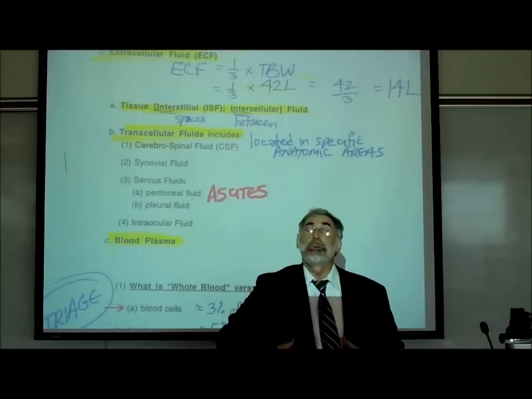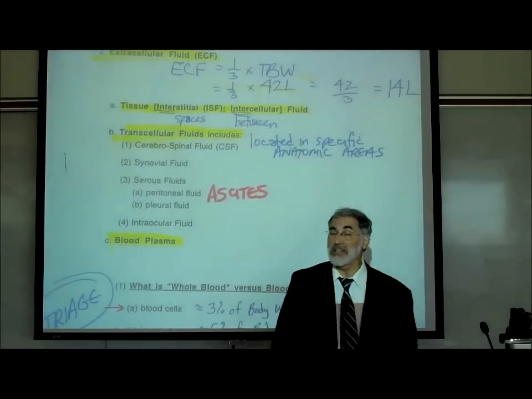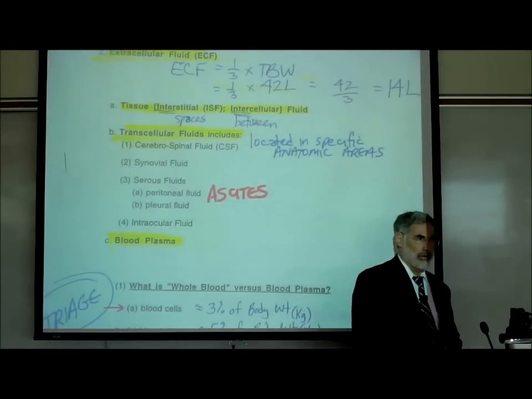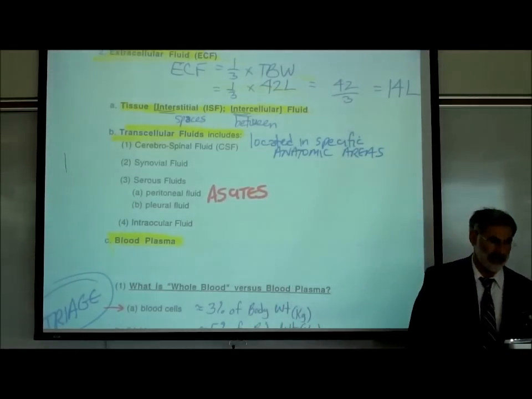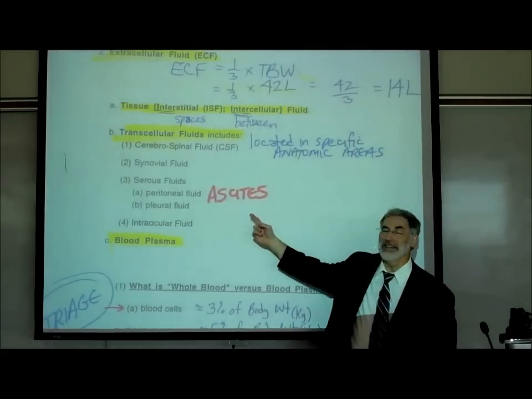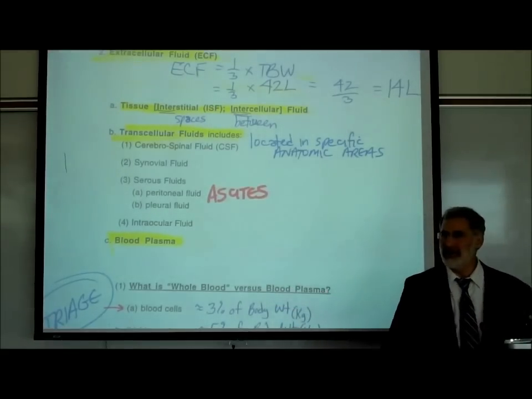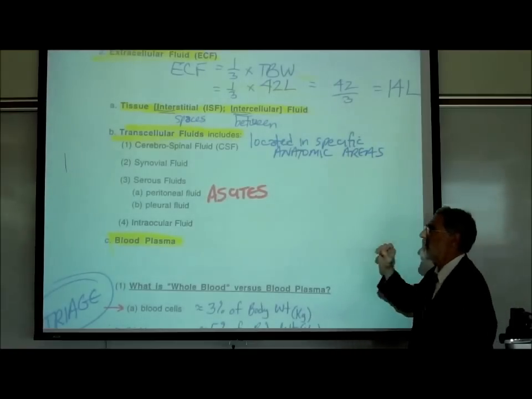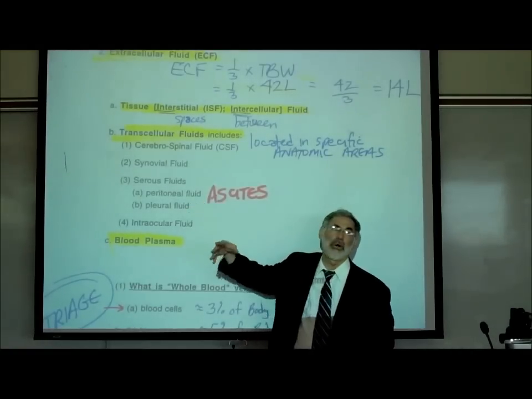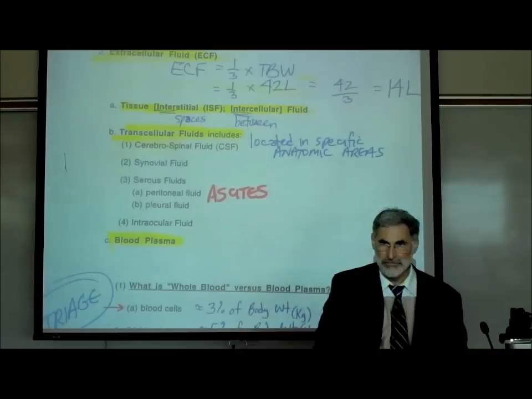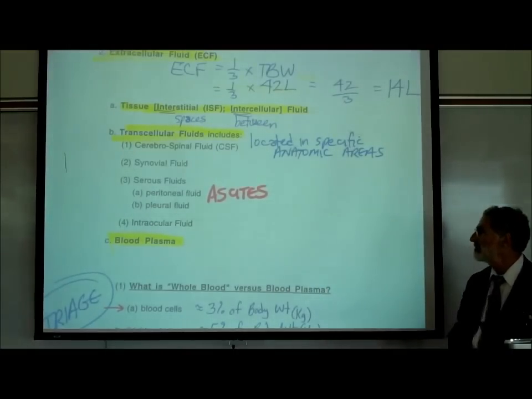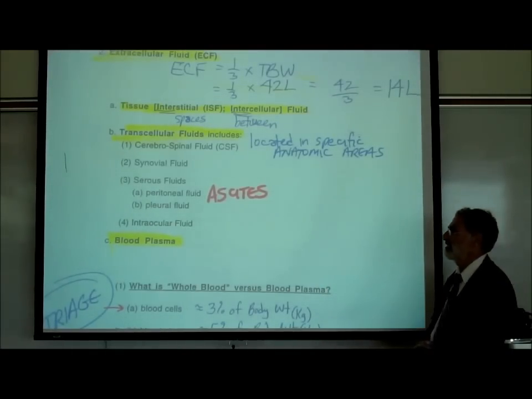Sometimes there may be a buildup of excessive amounts of this peritoneal fluid. Does anybody know what that's called? It's actually written right here. It's called ascites. Has anybody ever heard that term? Ascites is the name for a buildup of abdominal or peritoneal fluid. Ascites, A-S-C-I-T-E-S.